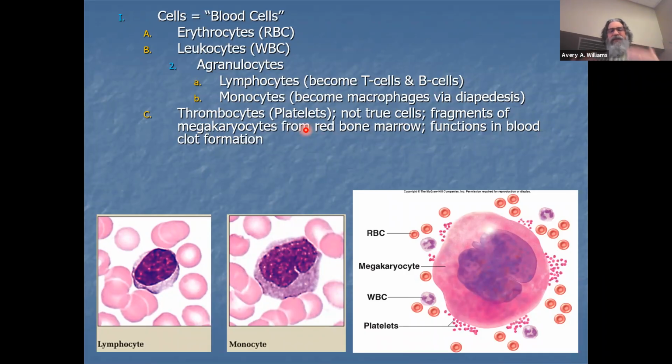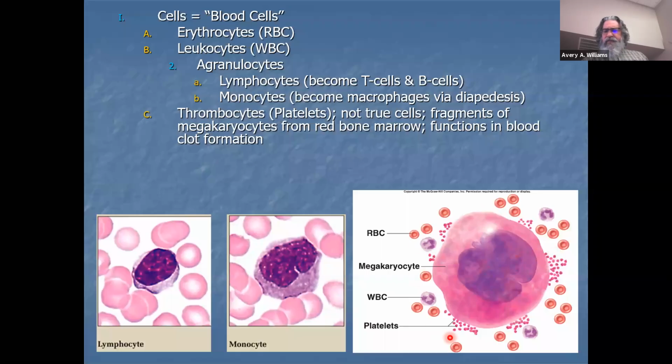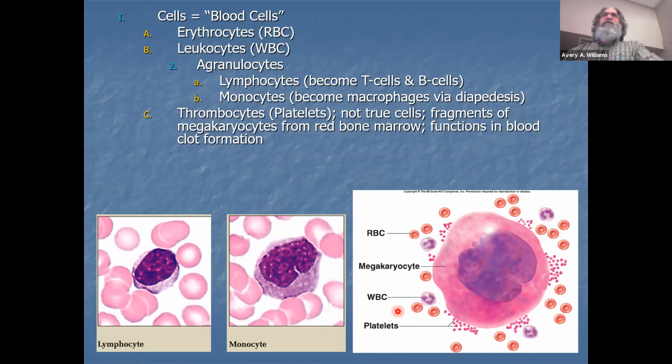And platelets really aren't cells. Platelets are actually fragments of cells, okay? If you look at this little illustration here, you see some red blood cells and everything else is a white blood cell, but then these little bitty pieces of red stuff, those are platelets. Or you can call them thrombocytes, but I think most people call them platelets.